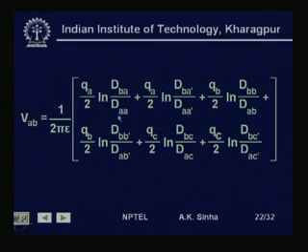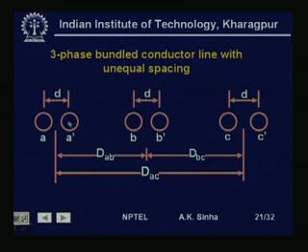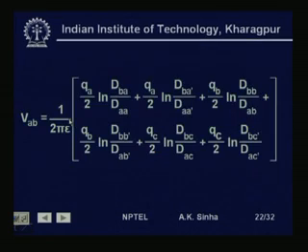Now, due to the charge on subconductor 1 of phase A, it will be QA by 2, that is the charge on that subconductor, into ln dBA by dAA, that is the distance A to B divided by the distance of A to A, that will be again the radius of the conductor, plus QA by 2 due to the second subconductor in phase A, that is this subconductor, it will be QA by 2 into ln dBA dash by dAA dash.